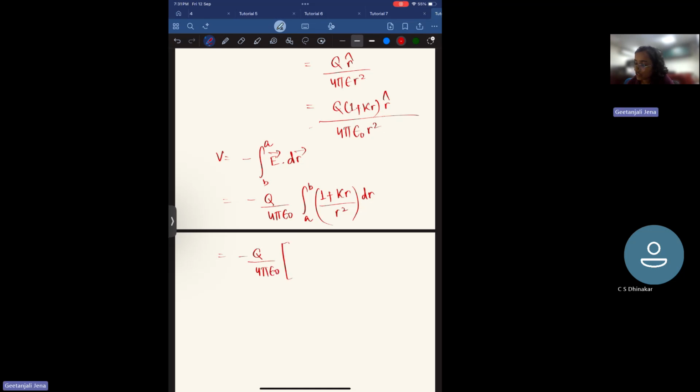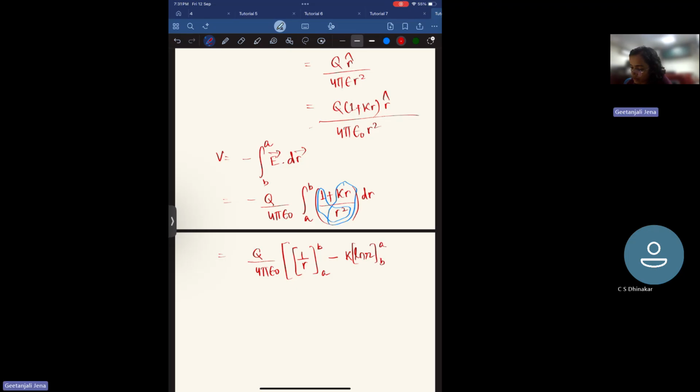The first integration is the integration of 1 by r square, which will give minus 1 by r. We can take this minus inside, so this will be 1 by r from A to B, minus k by r, which gives ln r.